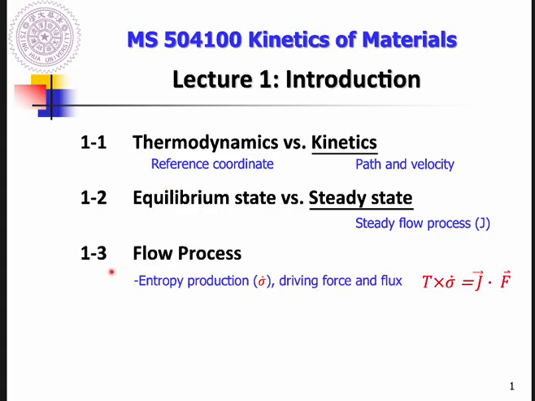Then in the third section we will talk more about the flow process, which is what kinetics takes care of. How to quantitatively analyze, calculate or estimate this flow process is the most important thing in the third section. We are going to use the entropy production rate per volume, sigma dot, to quantitatively describe how slow or how fast this flow process is.